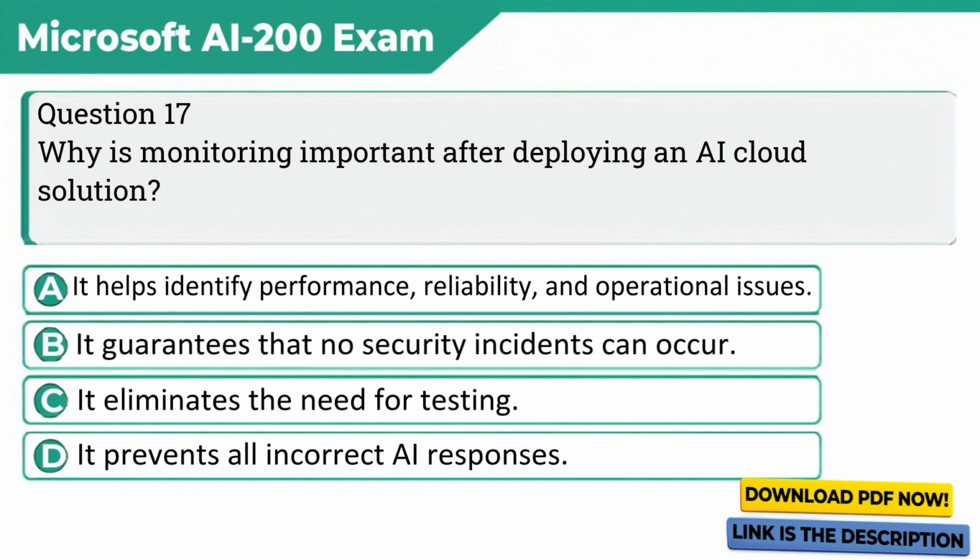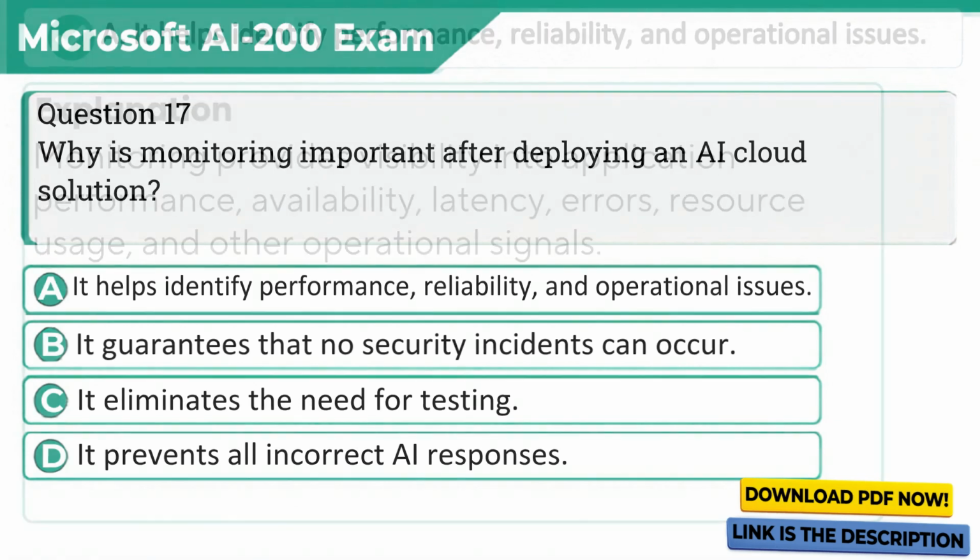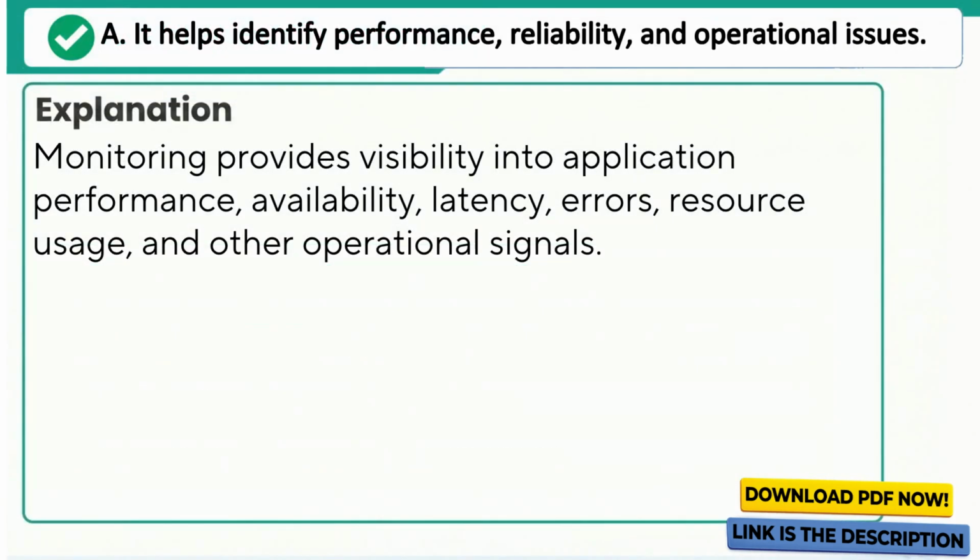D. It prevents all incorrect AI responses. Correct answer. A. It helps identify performance, reliability, and operational issues. Explanation. Monitoring provides visibility into application performance, availability, latency, errors, resource usage, and other operational signals.